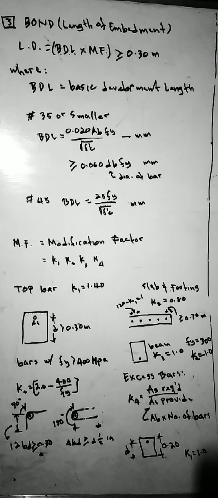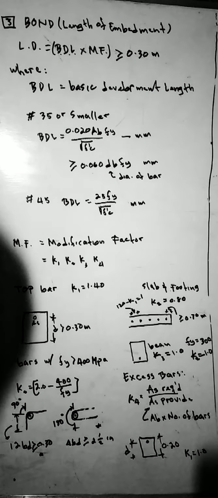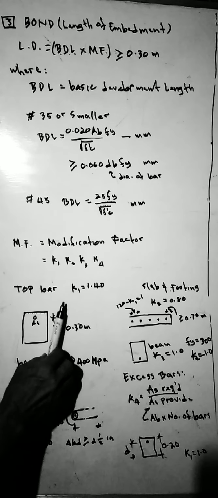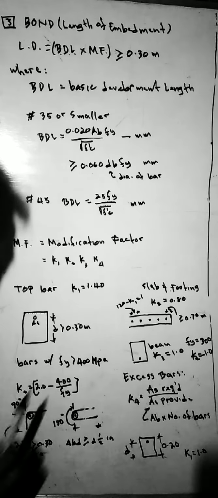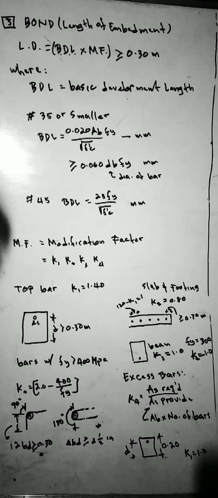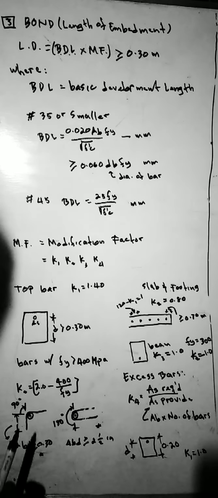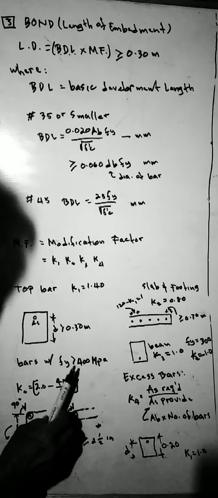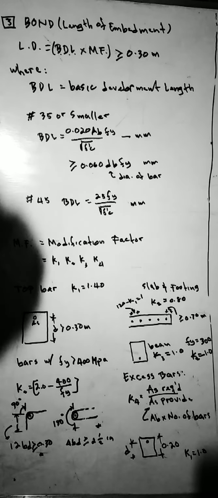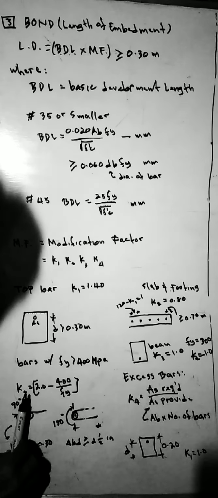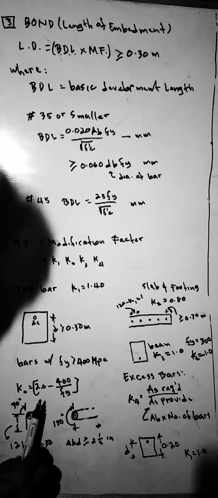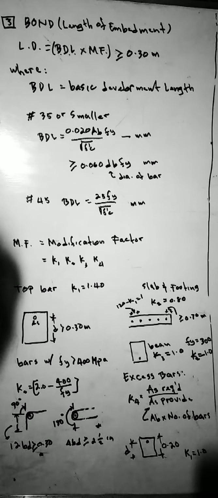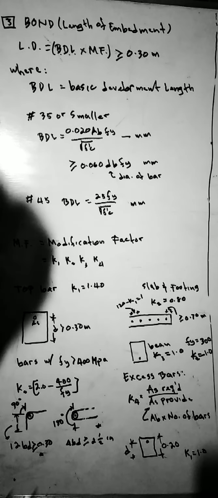For top bar, K1 is 1.40. And for bars with Fy greater than 400 megapascal, K2 is equal to 2.0 minus 400 over Fy.